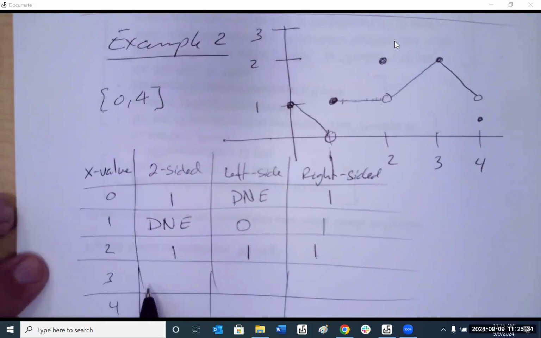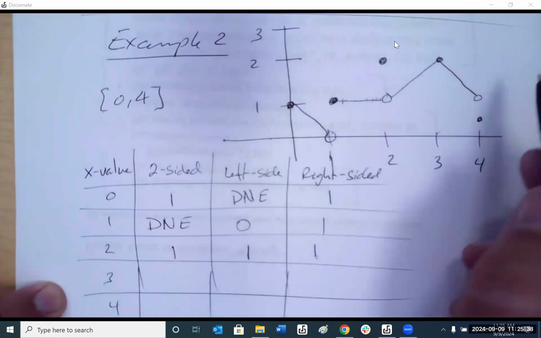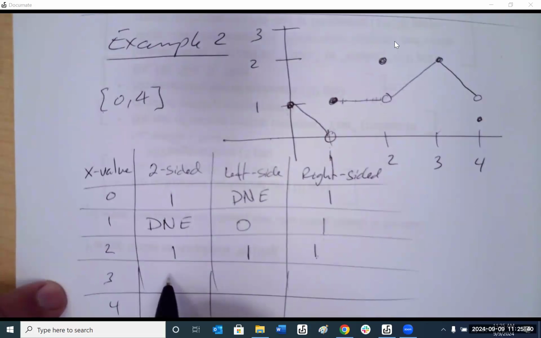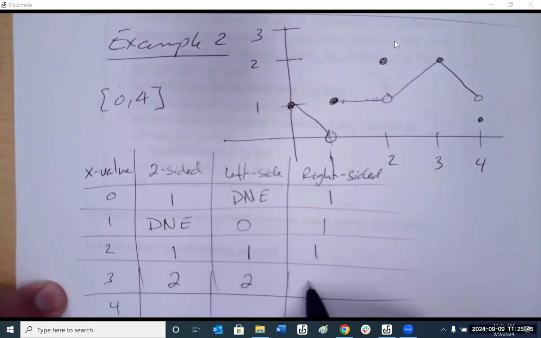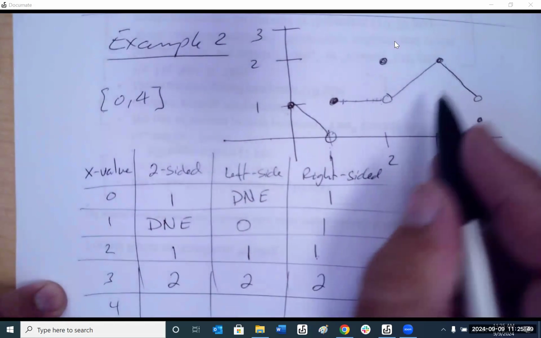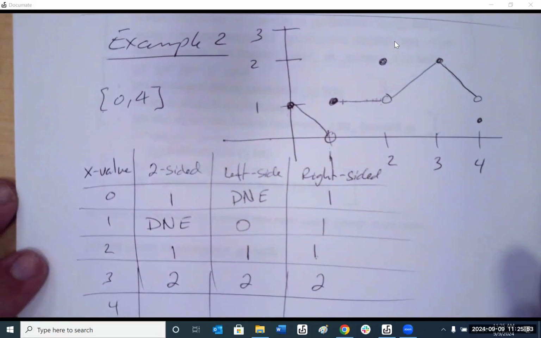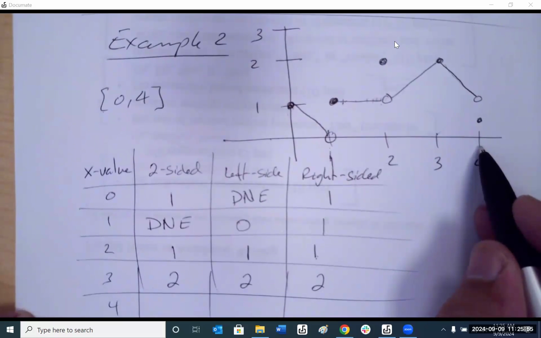How about going to 3? Does the two-sided limit exist? What is the one-sided left? One-sided right. As we approach it from the right, all my y values are approaching 2. And how about 4? Does a two-sided limit exist?